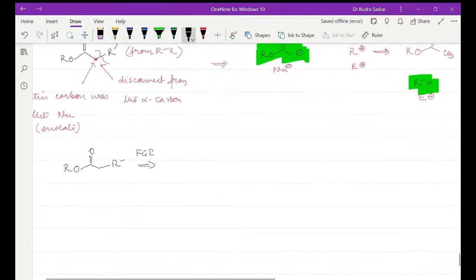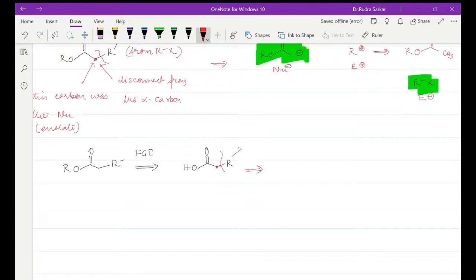Before introducing the malonic ester, we will do a functional group interconversion and convert this ester into an acid, and things become very much known to us, which we have covered previously. So this is our alpha alkylated acid, and for such acids the disconnection procedure is to break the bond between the alpha carbon and the alkyl group.